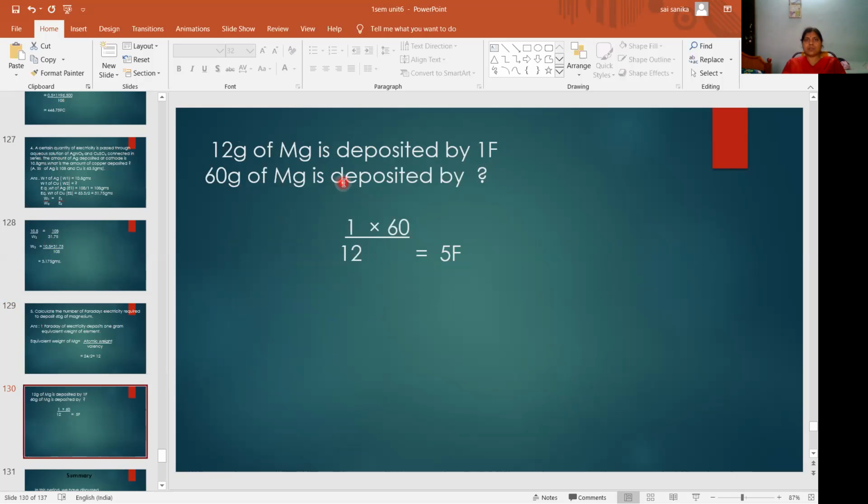So 60 grams is deposited by how many Faradays? That is 60 by 12 into 1, which is 5 Faradays. 1 Faraday deposits 12 grams, so 5 Faradays will deposit 60 grams. So 5 Faradays of electricity is required to deposit 60 grams of magnesium.